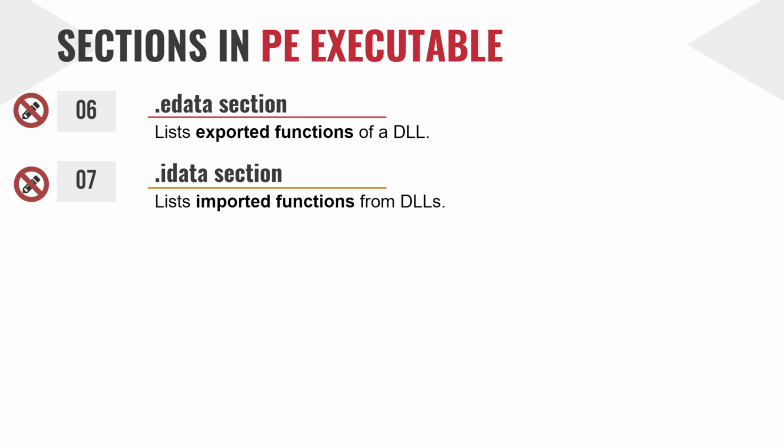There are some other sections also which may be present in the PE executable file. It is worth noting that when a malware is packed, there may be some other sections apart from these mentioned sections. Any unusual section indicates the suspicious nature of the file.